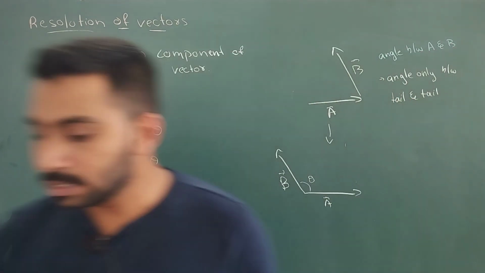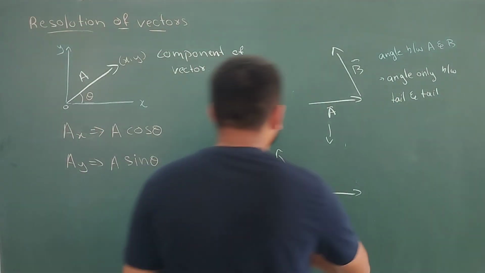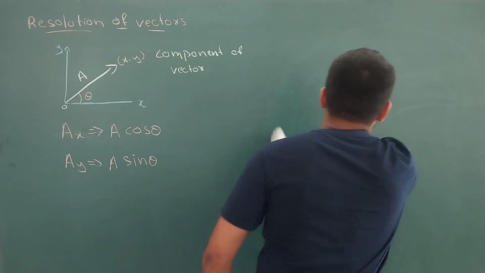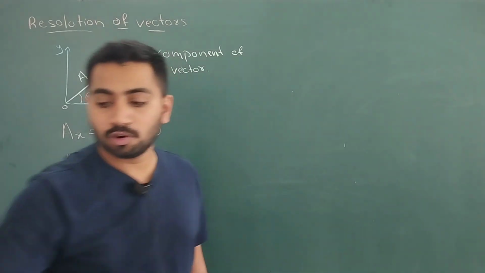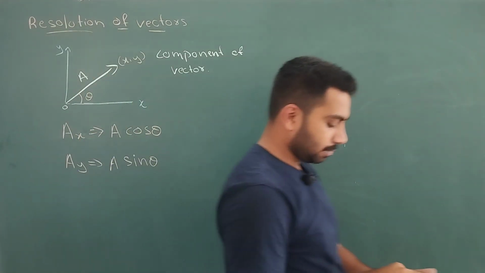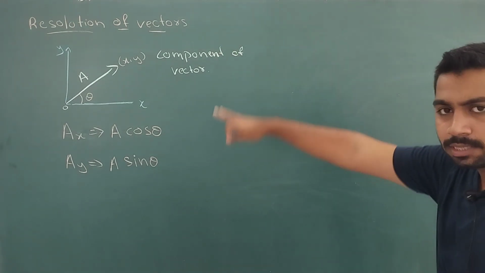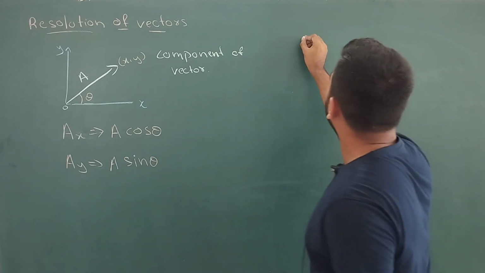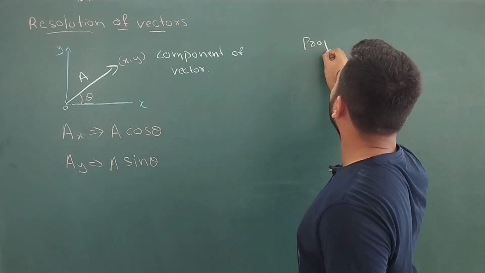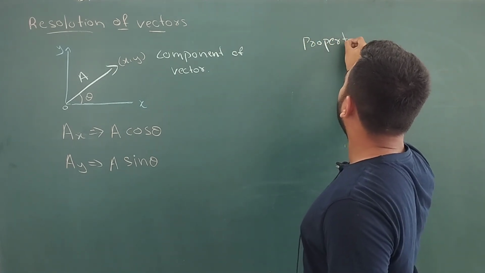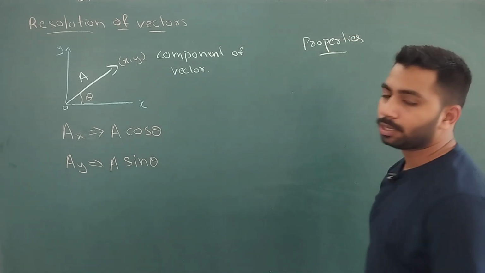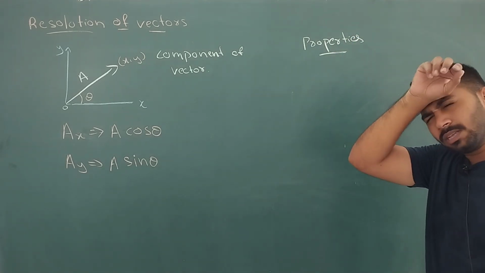This is basically a property. Now I will tell you a few more properties of vectors. Write it. We will discuss this because we want it, don't worry. Properties of vectors.